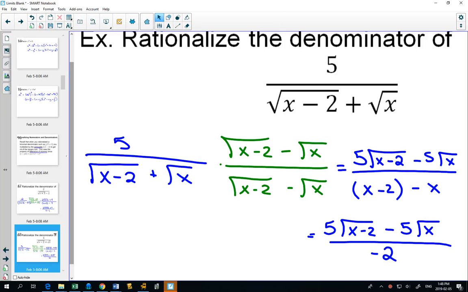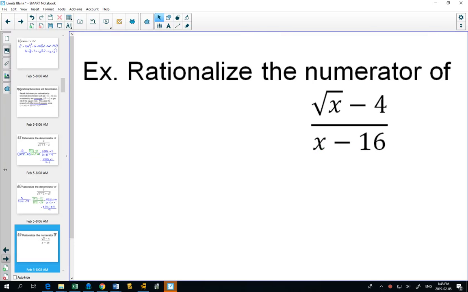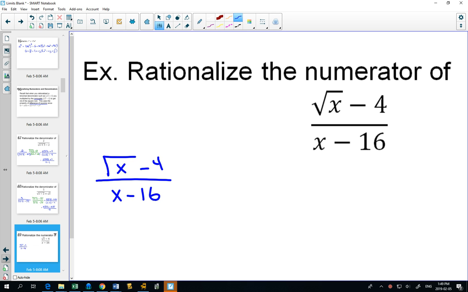And so the last two examples that we have are the same thing, but with rationalize in the numerator. And the first one is interesting. So I'll do it quickly with you. It's the same idea, but now they say, can you rationalize the denominator? So I'm going to have square root of x minus 4 over x minus 16.